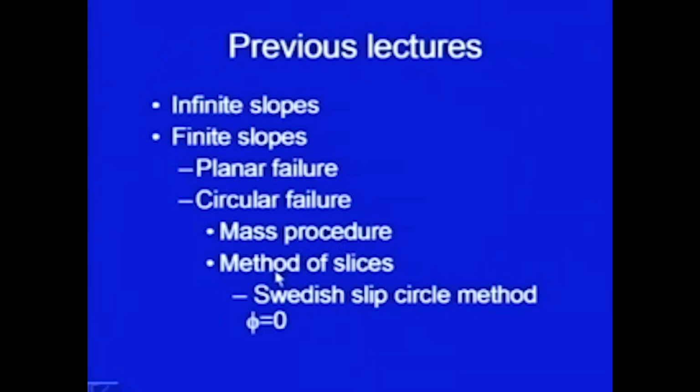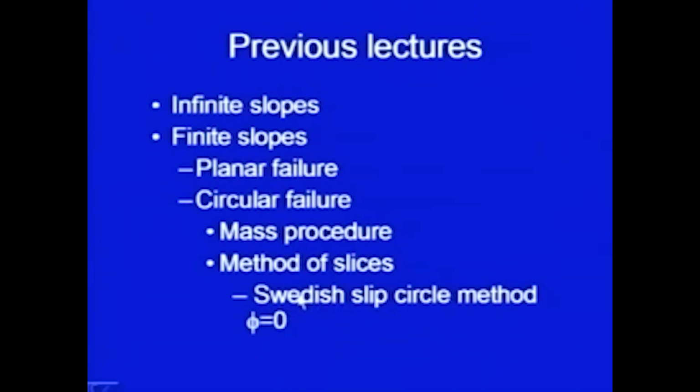In the second method, which is more popular and more accurate, the method of slices, the mass is divided into several slices and individually the forces are considered on the slices. In this category, we have already discussed the Swedish slip circle method.